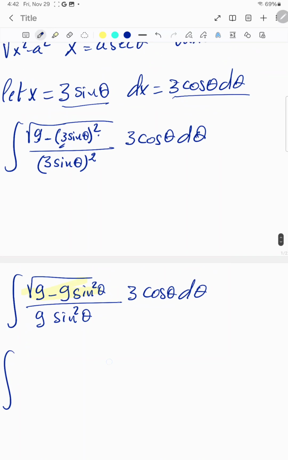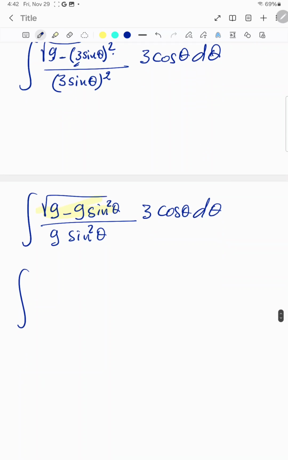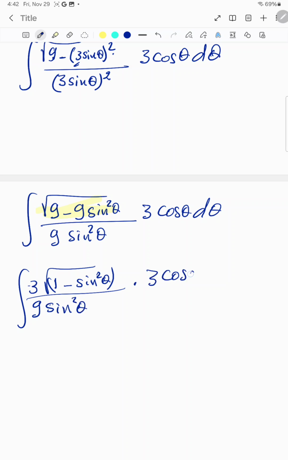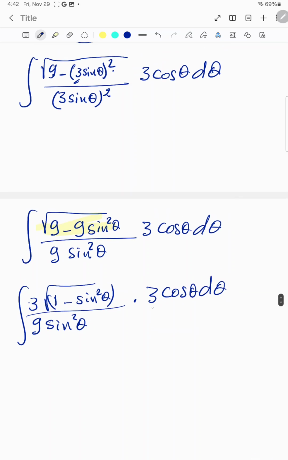If I factor out 9 inside the square root, outside the square root it becomes 3, times square root of 1 minus sine squared of theta, divided by 9 sine squared of theta, multiplied by 3 cosine theta d theta. So this 3 multiplied by this 3 is 9, divided by this 9 is 1.